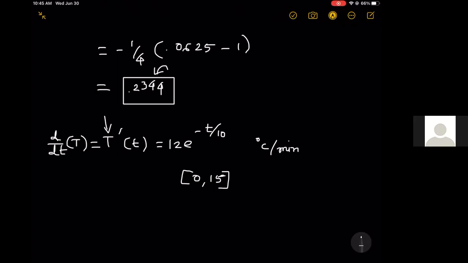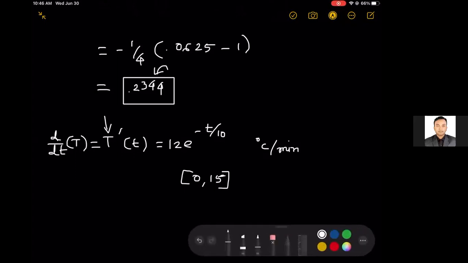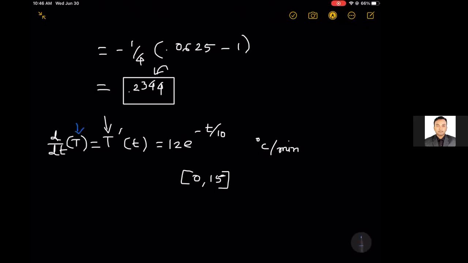Yes. Okay. What we are looking for is this T, not dT/dt. We're looking for this capital T, the temperature, not the rate. Now can you feel why you should do the antiderivative of it?